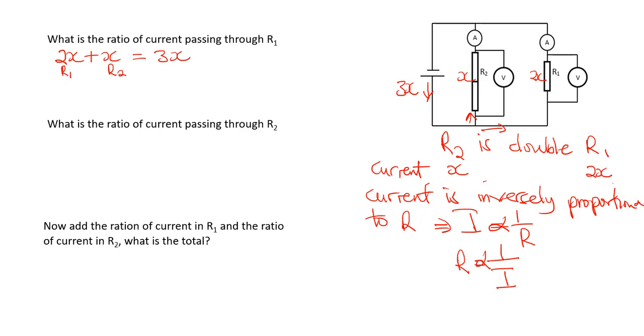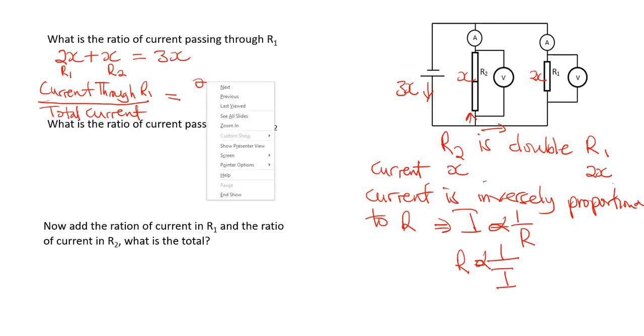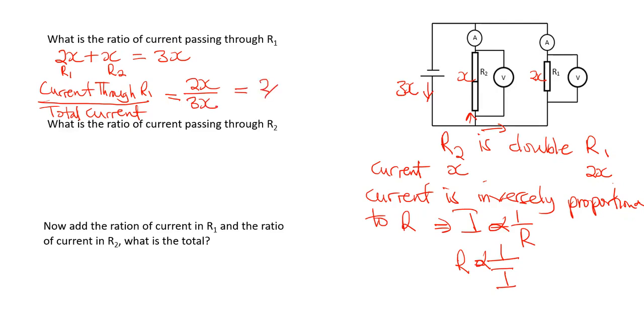The ratio is found by the current passing through R1 divided by the total current, which in this case is 2X divided by 3X, which is 2/3.